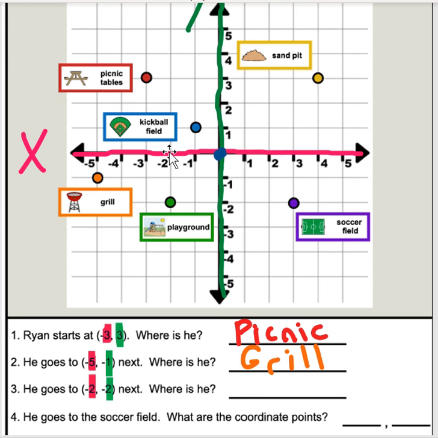Then we're going -2 on the y-axis, so that means we're going down because it's negative. So let's count 2 down. 1, 2. So Ryan is at the what? He's at the green dot or the playground. So we're going to write in playground. Oops.